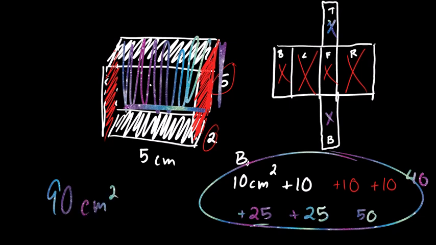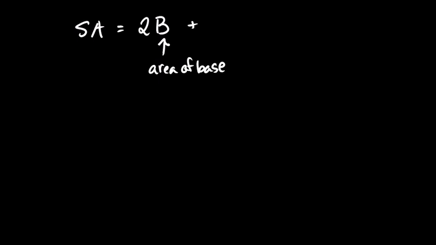Alright, and that is an example. They have a couple of different formulas that we went over, one of which is surface area is equal to 2 times the area of the base, plus, there was an abbreviation, I believe, for lateral area.